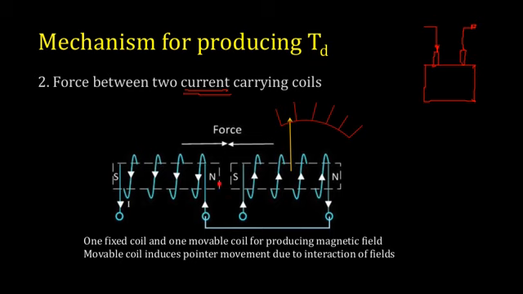Once the current starts flowing, some flux is generated in this region. One of these coils is fixed, and this particular coil is movable. Due to the interaction of these fields, some force is generated on this coil, and this movable coil will move over the graduated scale, so you'll have deflection produced.